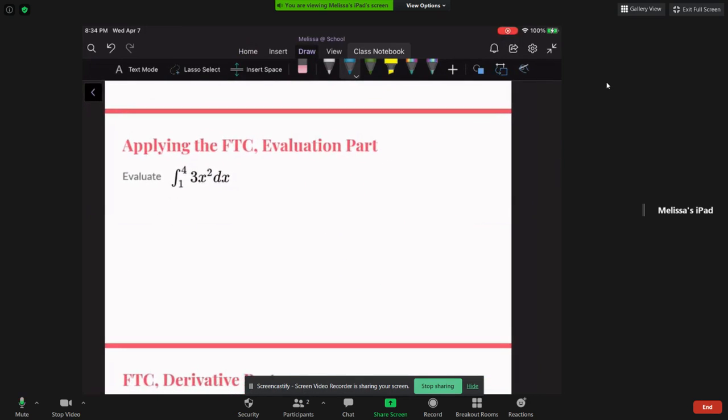Same idea for this one, except this one is even a little bit easier in my opinion because you don't have to remember what the antiderivative of cosine of t is. So again, we are looking for the antiderivative of 3x squared, and that's just going to be x to the third.